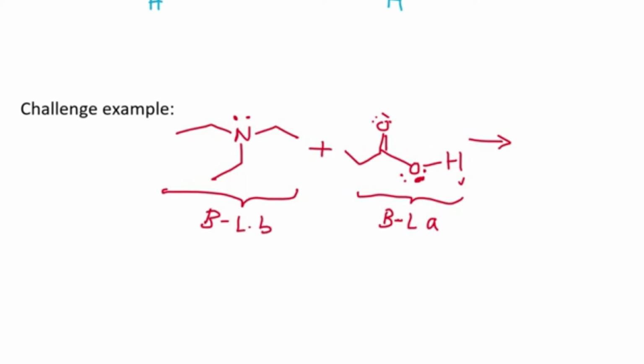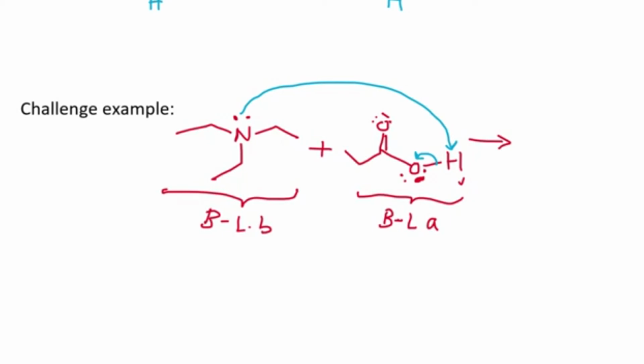As a result, we expect our Bronsted-Lowry base to have a lone pair that comes in and picks up our hydrogen atom there, and then this hydrogen-oxygen bond cleaves and forms a lone pair on the oxygen.